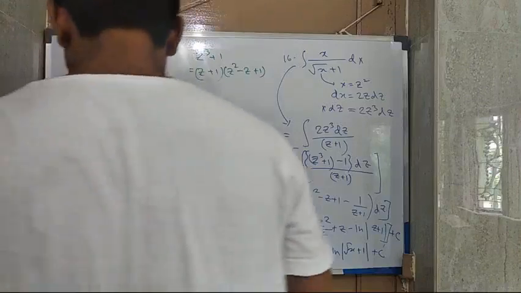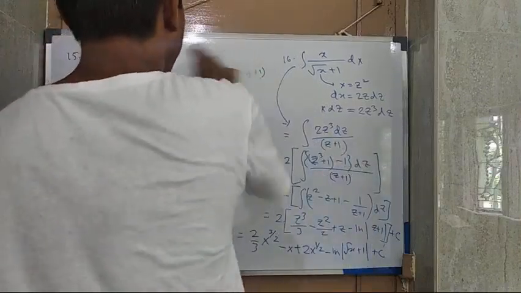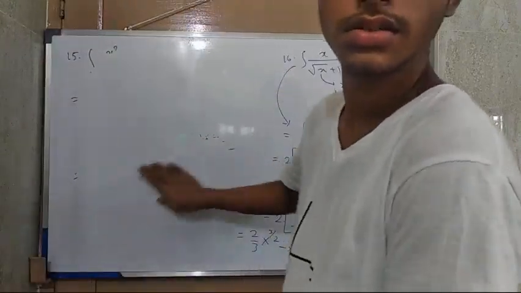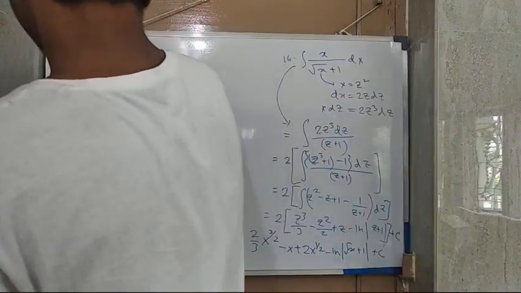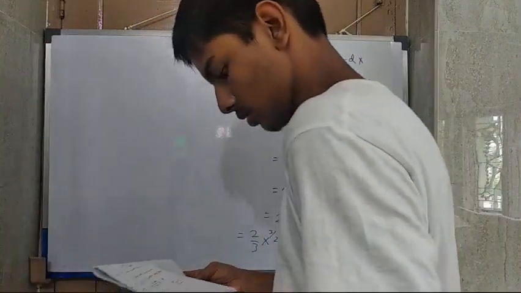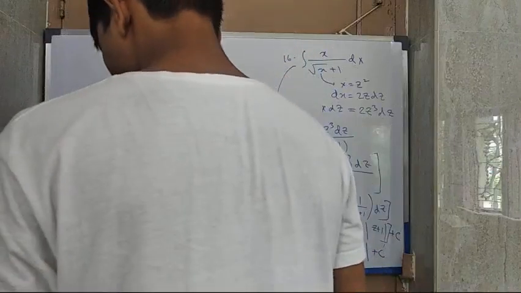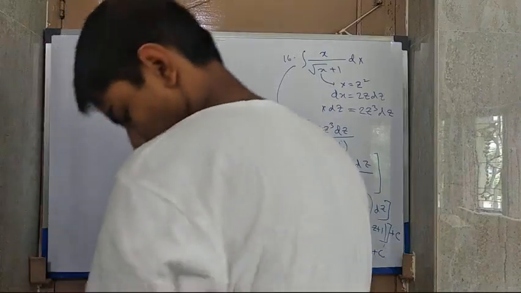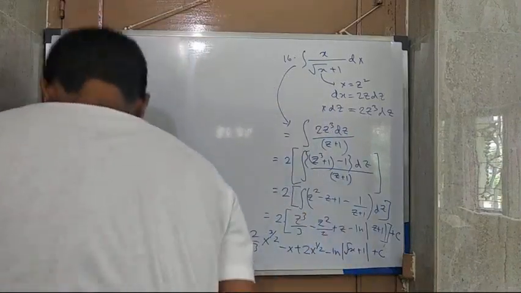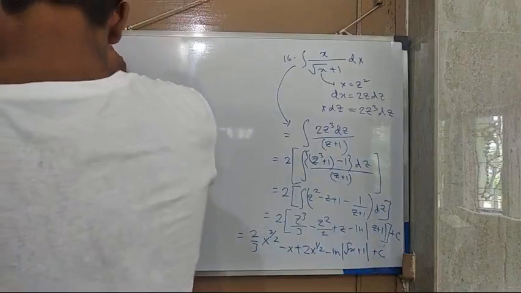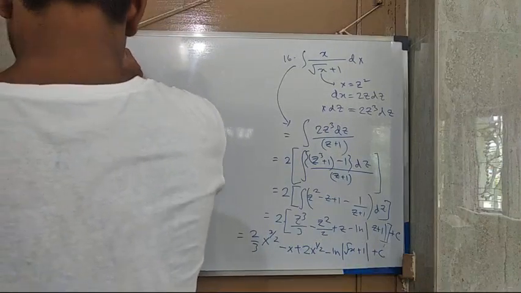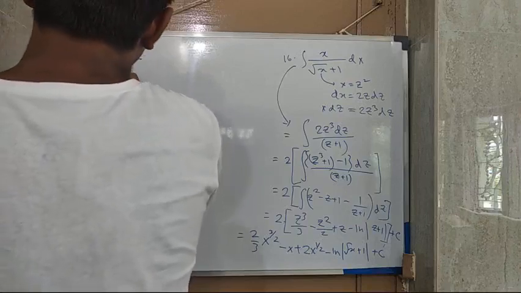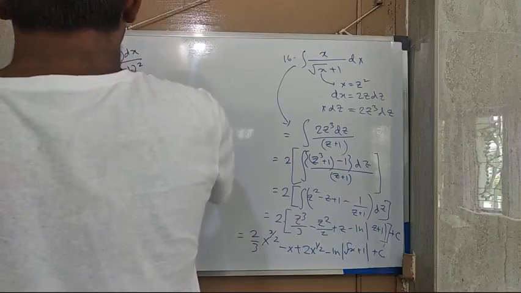Now let's proceed for the 17th question, which is integral x squared plus 1 dx by x plus 1 whole squared.